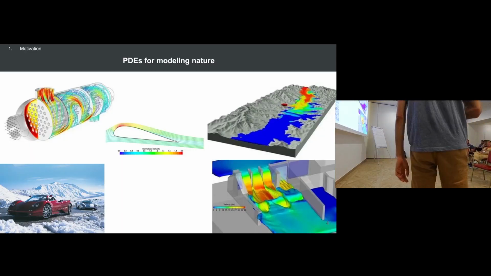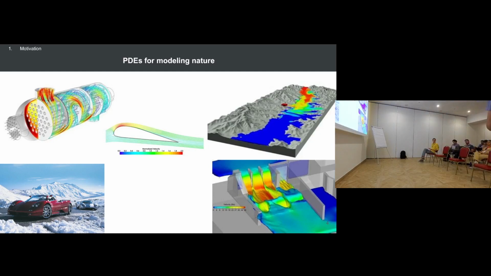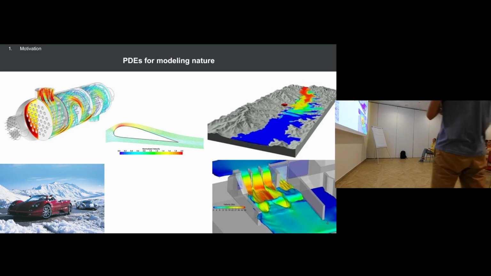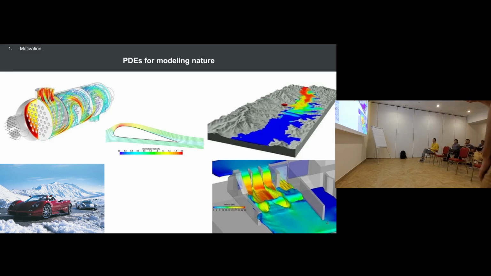So, motivation. We will focus particularly on partial differential equations, and how you can find them modeling nature and in many places in the world. You probably know everywhere, but you can have how rivers flow, or how in a factory you have pipes, and you want to know how the flux will move inside.